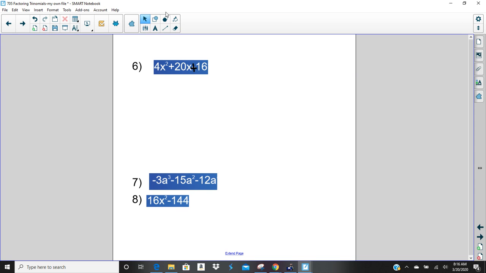So I'm going to rewrite it as 4 times the quantity x squared plus 5x plus 4. Now I'm not going to worry about this 4 right now at all. I'm only going to worry about factoring the x squared plus 5x plus 4, but I need to keep that 4 out there because it's equivalent to what I have in blue in number 6.